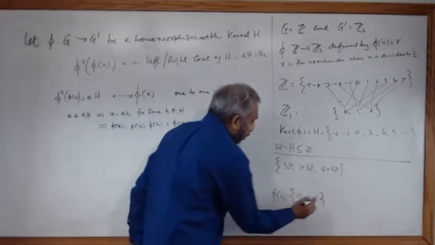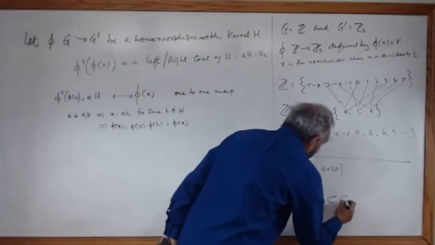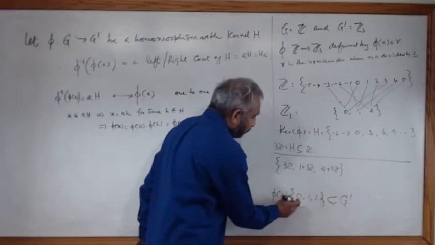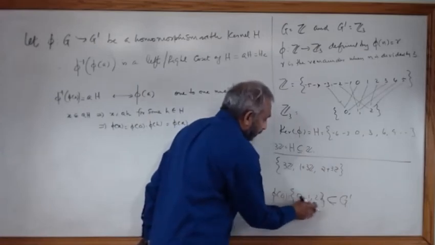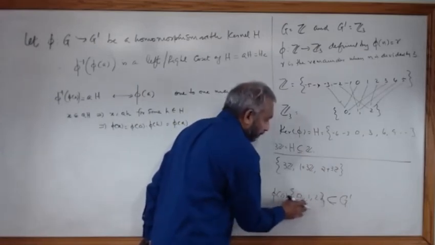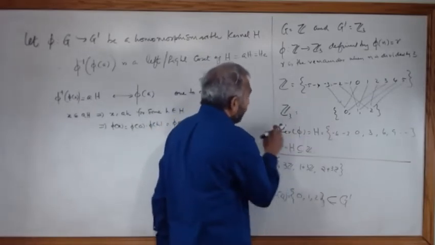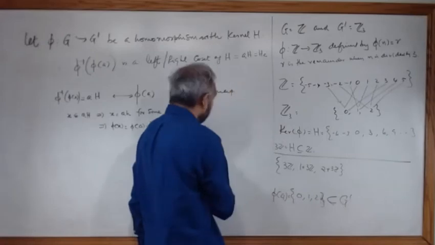This is a subgroup of G prime. So definitely there is a group structure defined here, and this group structure is addition modulo 3.